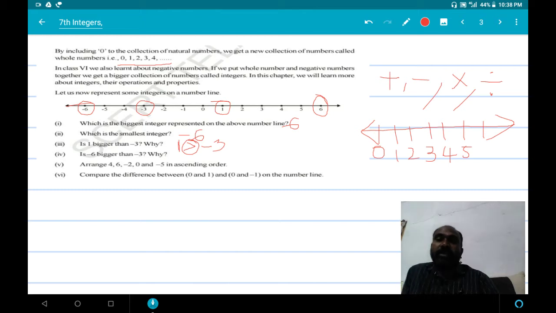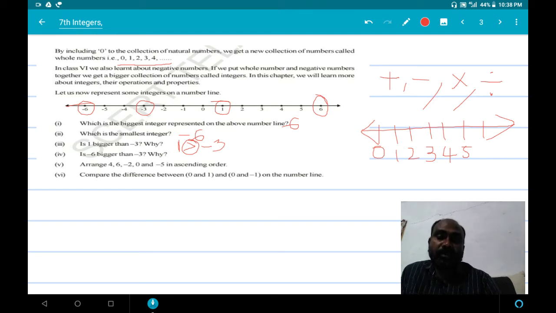Here. Where is 1? Compare with minus 3. 1 is right side of minus 3. So already we discussed, always right side number is bigger than left side. So here 1 is bigger than minus 3.